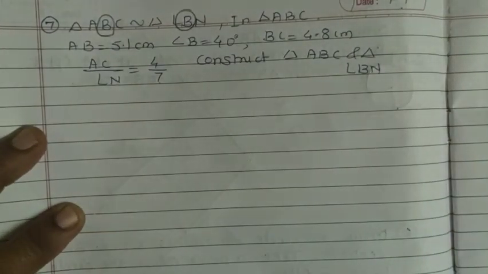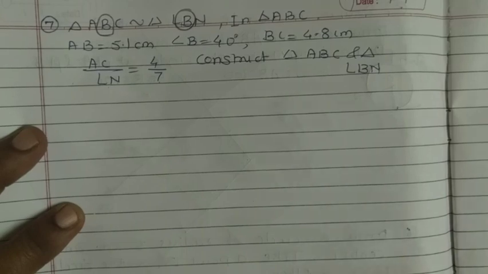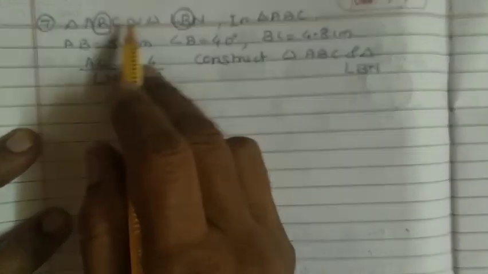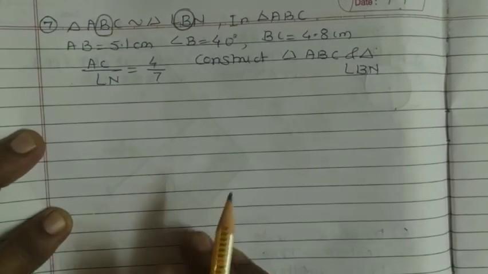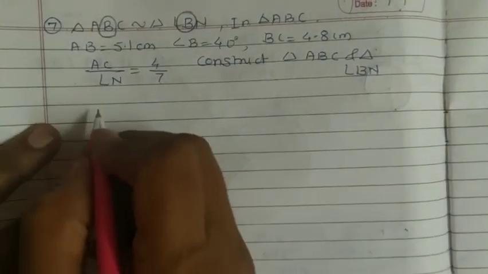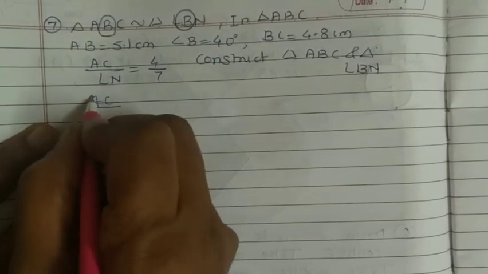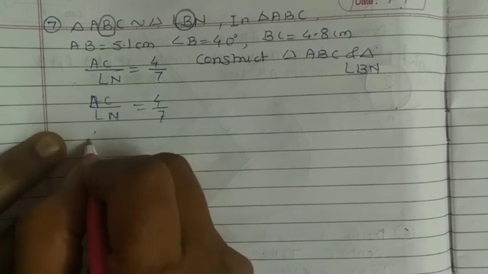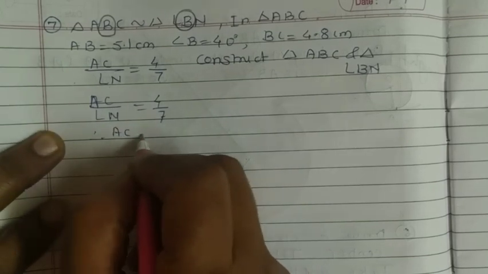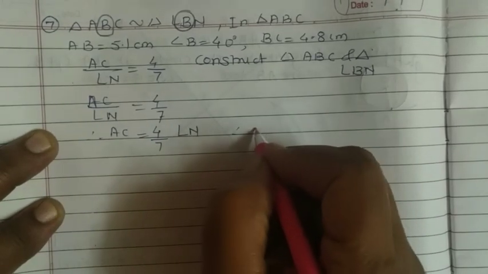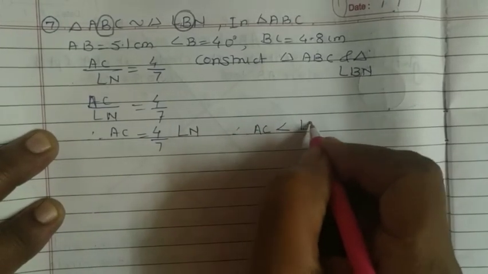This means triangle ABC is smaller and LBN is larger, as this ratio is less than 1. Or we may write it this way, AC upon LN is equal to 4 upon 7. That's why AC is equal to 4 upon 7 LN. Therefore, AC is less than LN.